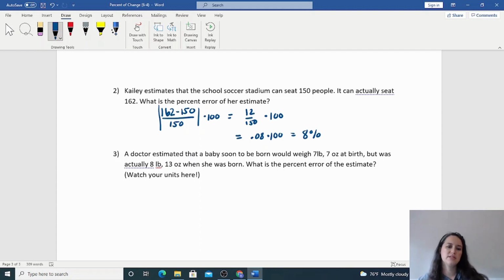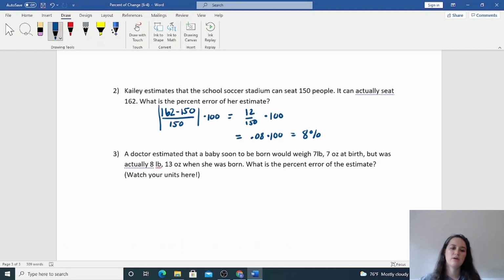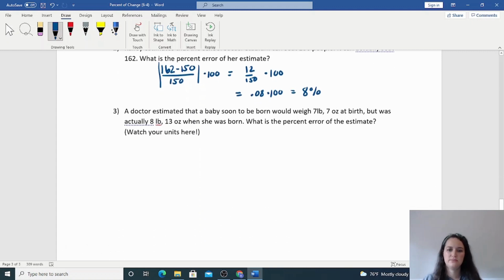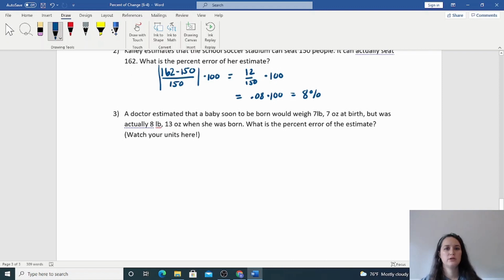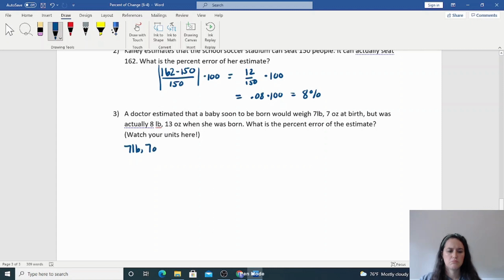Okay, so a doctor estimated that a baby soon to be born would weigh 7 pounds and 7 ounces at birth, but was actually 8 pounds and 13 ounces when she was born. What is the percent error of this estimate? Okay, watch our units here. So let's make everything ounces. So 7 pounds, 7 ounces. Oops, sorry, that's supposed to say ounces. There we go.